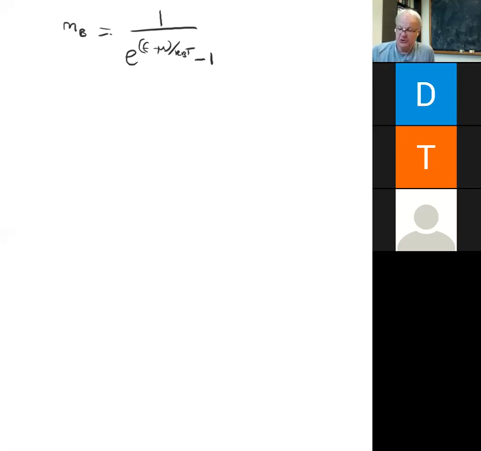And you can use that expression to perform all sorts of averages. The simplest average you can perform is just ask yourself, on average, how many particles total as a function of chemical potential and temperature. And so the total number of particles as a function of chemical potential and temperature is just the sum over all possible states of this Bose distribution. So it's the sum over all possible states, NB of epsilon for this particular state.